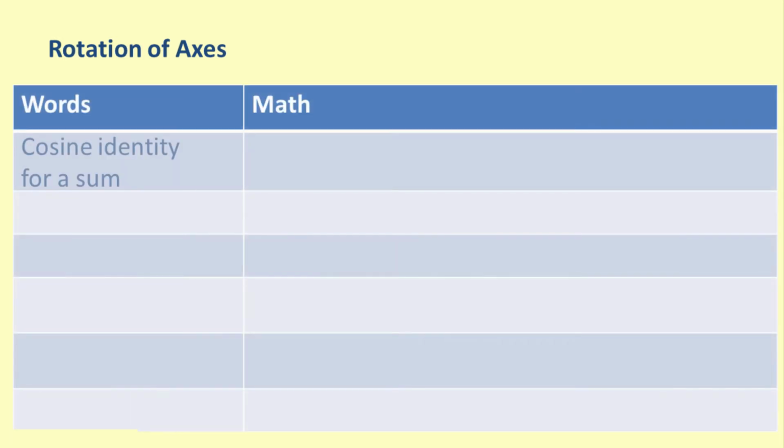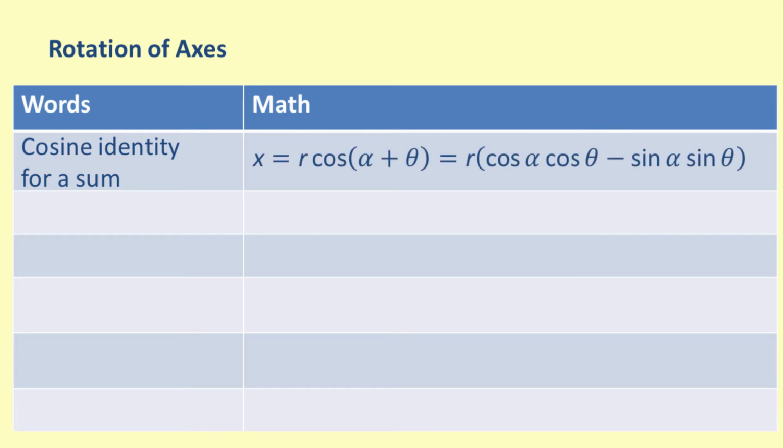Now, we can derive the rotation of axes formulas. We will start with the x term and write the cosine identity for a sum. So, we have x equals r times the cosine of the quantity alpha plus theta, which equals r times the quantity cosine of alpha times cosine of theta minus sine of alpha times sine of theta. Next, eliminate the parentheses and group r with the alpha terms.